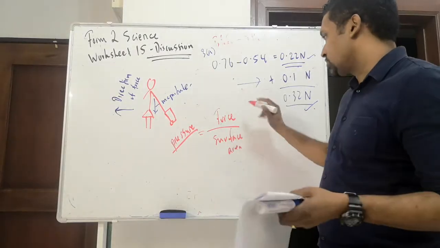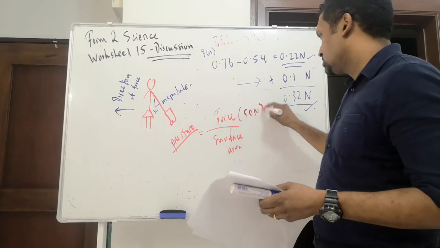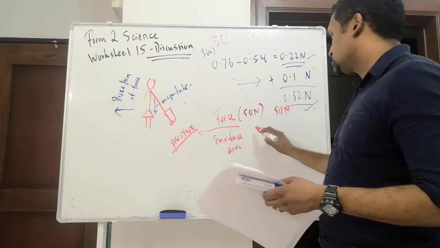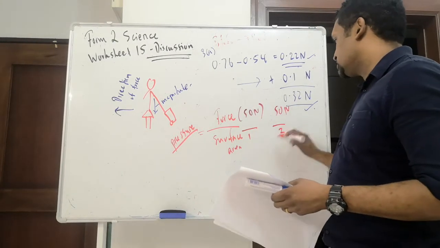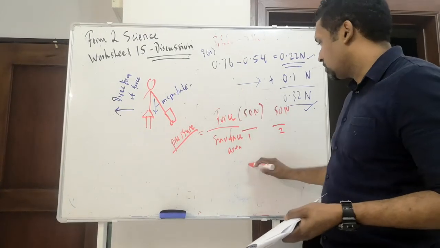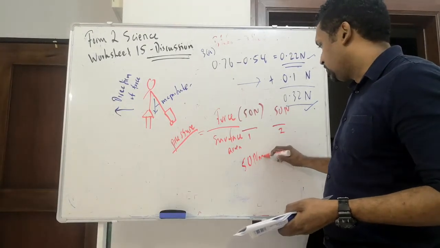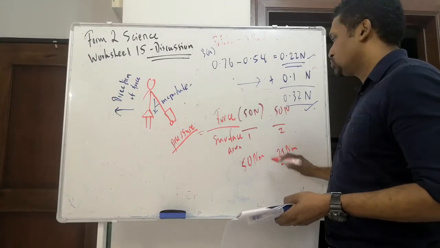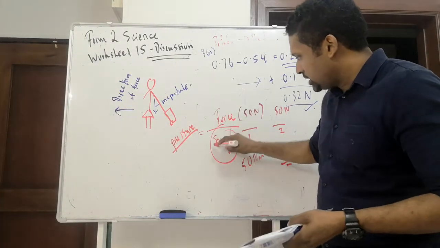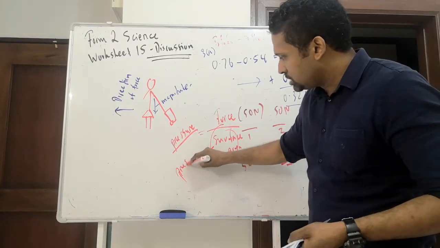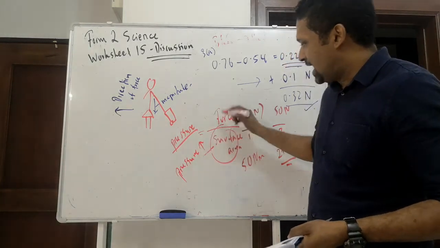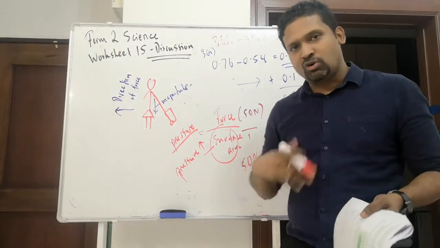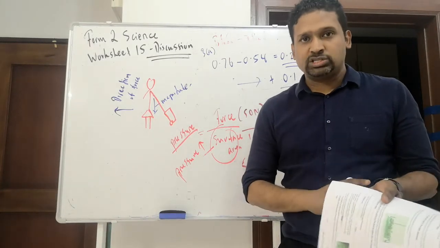Let's say both forces are 50 Newtons on two objects, but one has a smaller surface area and the other a larger surface area. Which one has more pressure? This one has 50 Newton per meter squared. This one will have only 25 Newton per meter squared. So with a smaller surface area, pressure will be more. Larger force, more pressure. Smaller surface area, more pressure.